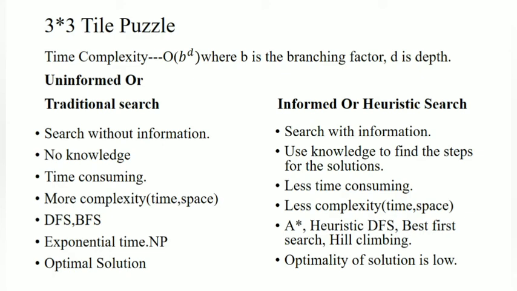So the time complexity is less, and the optimality of the solution is very low compared to uninformed search. Whatever solution we are reaching may not be an optimal solution, right?